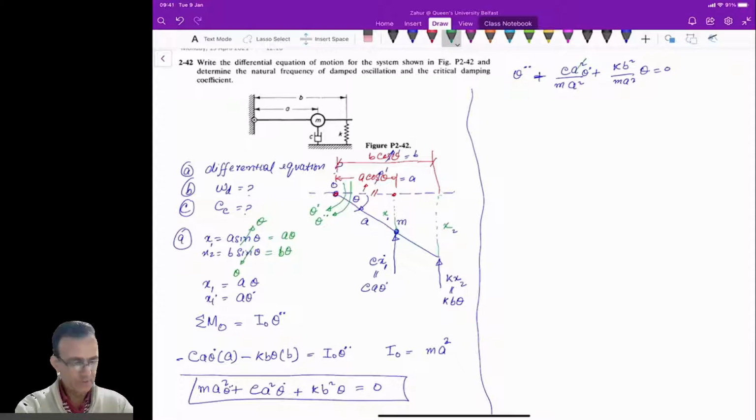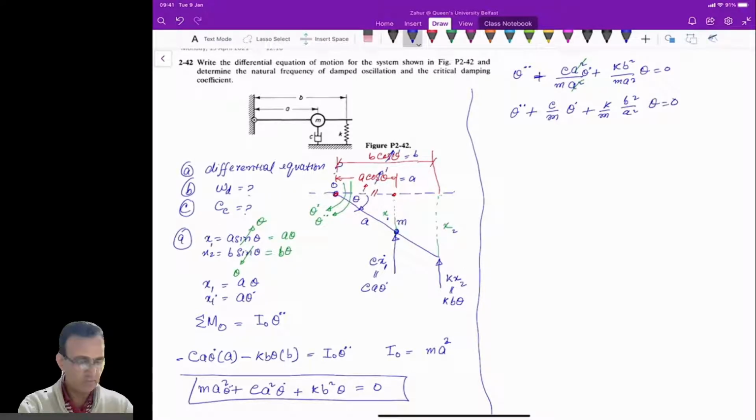We can cancel a with a. So theta double dot plus c divided by m theta dot plus k divided by m, b square over a square, theta equals 0.